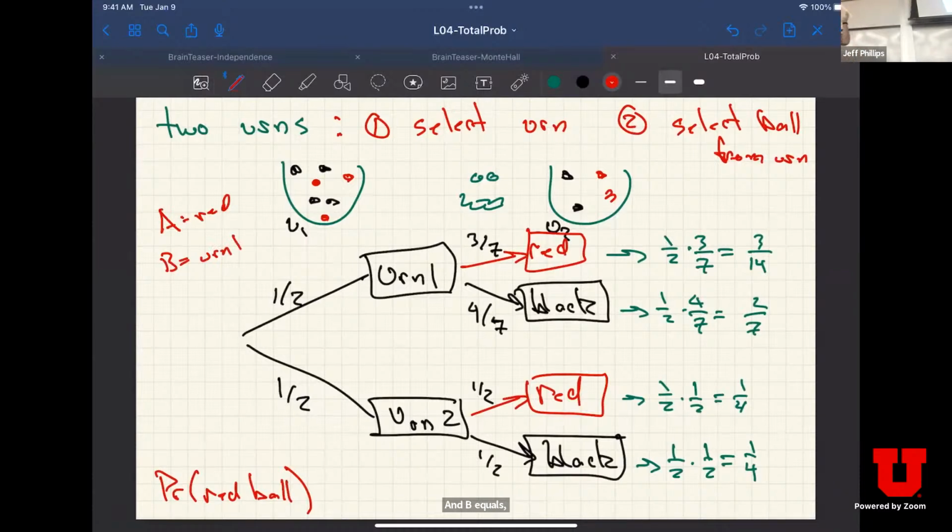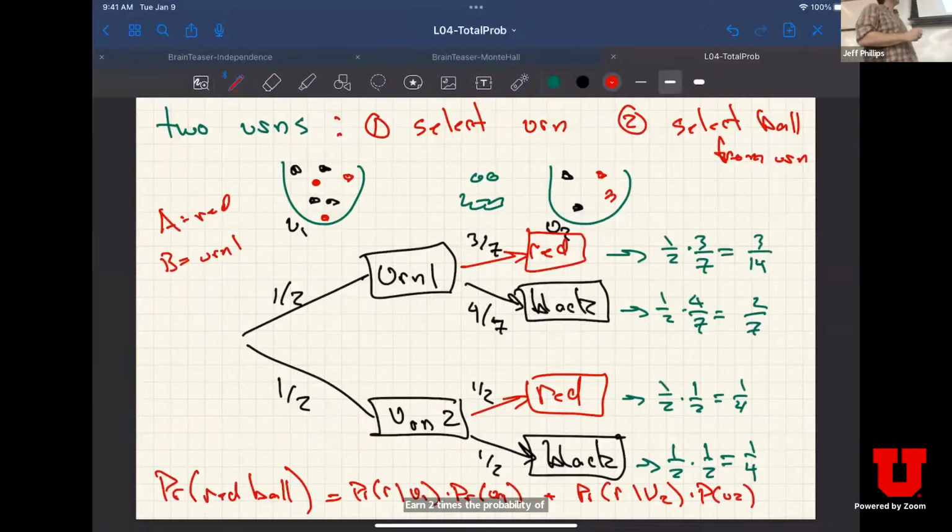Or maybe urn 1 is B1 and urn 2 is B2, but we can do B is urn 1 and urn 2 is the complement of B. Okay, so I can write down that the probability of the red ball is going to be the probability of red given urn 1 times the probability of urn 1 plus probability of red given urn 2 times the probability of urn 2.